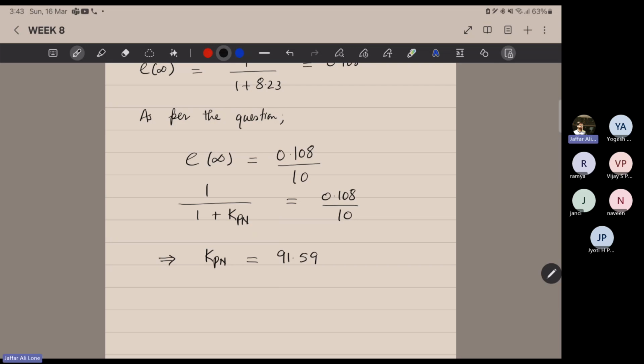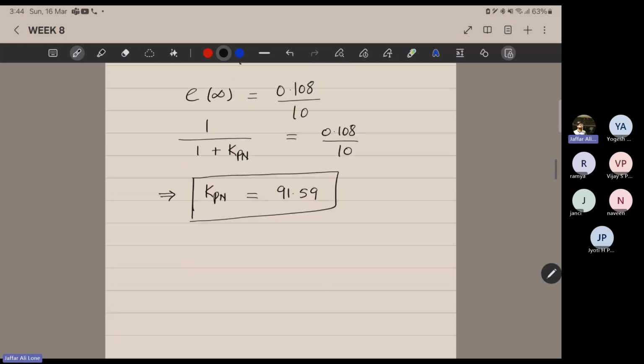Is it coming for everybody? So my Kpn, my new value of K, should be 91.59, so that my steady state error is reduced by a factor of 10.